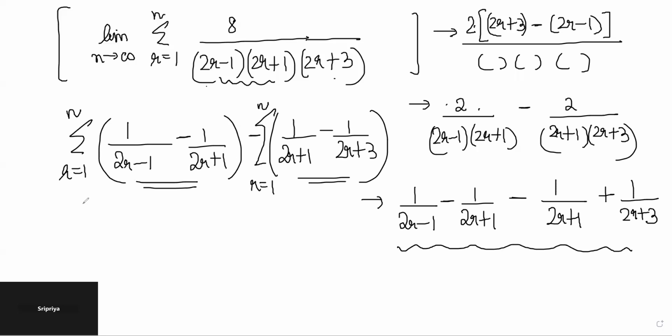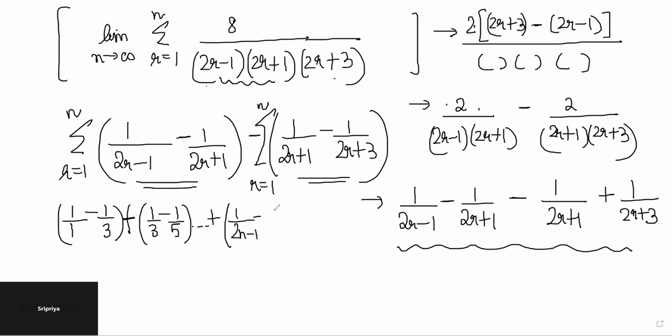If you do it separately, then first you can see that there will be a lot of cancellations. When you do r equals 1, you will get 1 by 1 minus 1 by 3. Second term would have been r equals 2, so 1 by 3 minus 1 by 5, and so on. Last term would be 1 by 2n minus 1 minus 1 by 2n plus 1. So all of these terms get cancelled. You'll get 1 minus 1 by 2n plus 1 here.